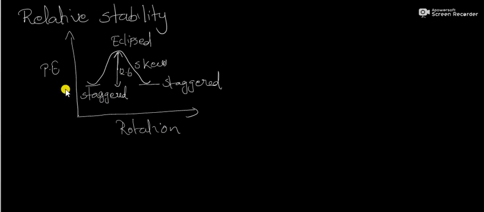This is the potential energy diagram of ethane. Here, the energy difference between staggered and eclipsed conformation is 12.6 kilojoule per mole at normal temperature. And this energy difference is known as torsion barrier. This energy difference is not sufficient to prevent the rotation about carbon to carbon bond.